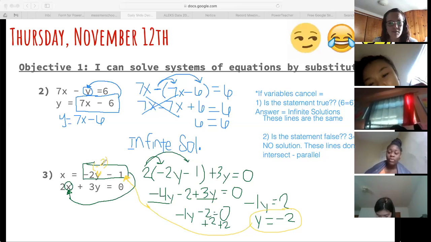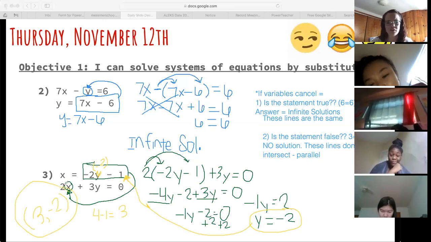So -2 times -2 will give me a +4 minus 1 equals 3. So my intersection, my final answer is 3, because that's my x, 3 comma y of -2. That's tres for all you non-Spanish speakers in the house. So tres comma -2. I don't know what negative is in Spanish, but you know, I made an effort.